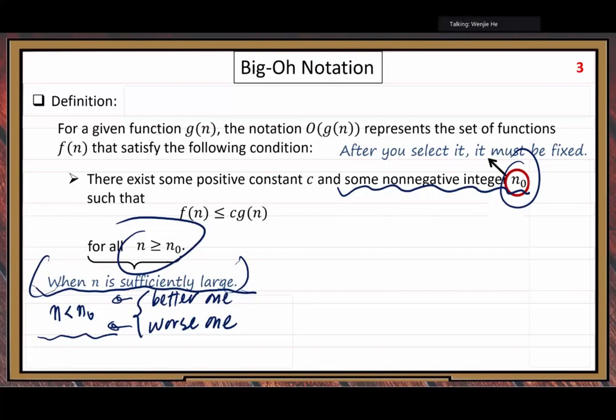Because for different people, the meaning of sufficiently large is different. Do you mean when n is greater or equal to 100, it is sufficiently large? Or when n is greater or equal to 1 million? You don't know. So the exact meaning of sufficiently large is here: you can find some n0 with respect to this inequality. Because when you talk about n sufficiently large, you need to have this inequality first.